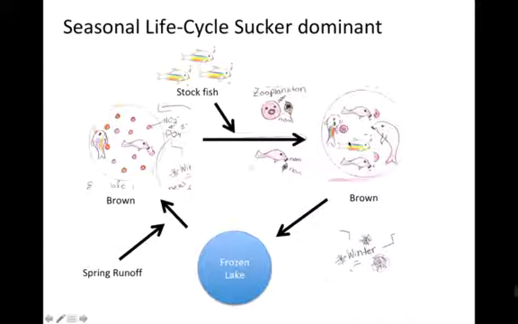So all these ways that the lakes can go off the rails, either sucker dominant or single-celled organism dominant or weed dominant, all happen in a mixture. So in our management of the lakes, it's really in our best interest to figure out which of these is dominating the problems with the lake, and we then make a management strategy based on that.